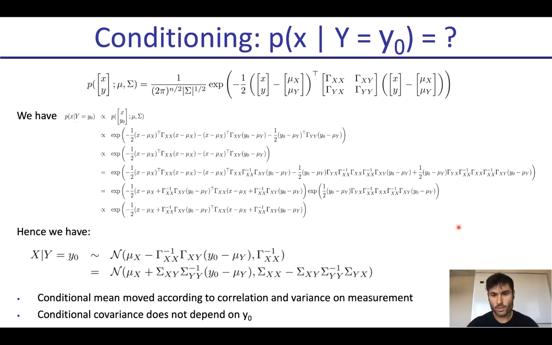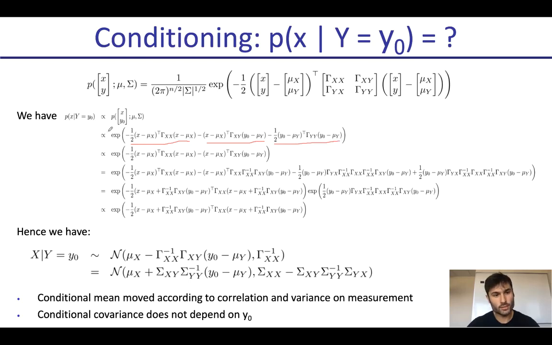Again, we'll work through this daunting math, and it's using the exact same tricks. Here we're saying the probability of x given y equals y0 is proportional, meaning it doesn't depend on x, to the joint distribution of x and y evaluated at y0. Expanding this quadratic expression, we find three terms: one that just depends on x, one that depends on x and y0, and one that just depends on y0.